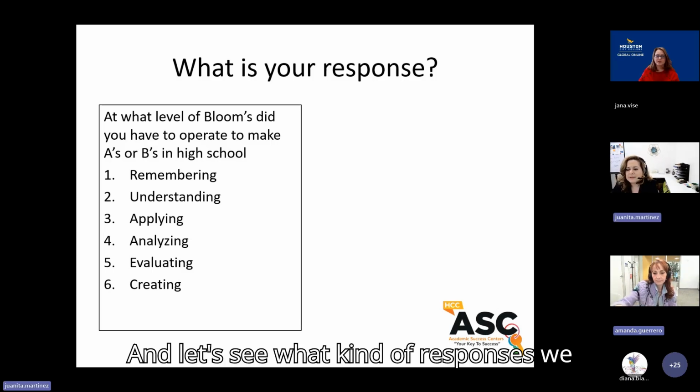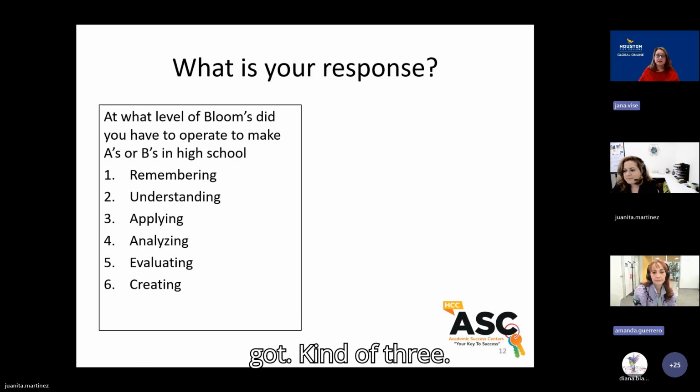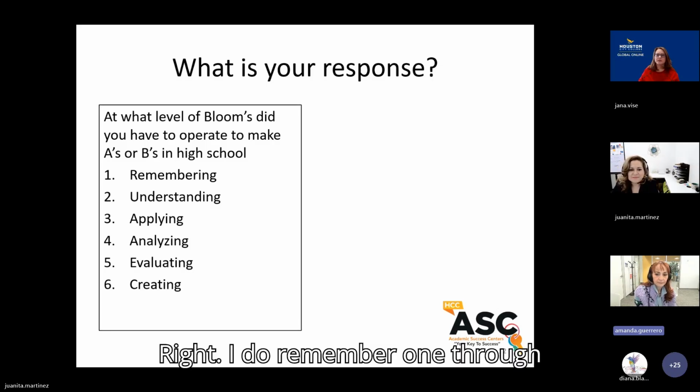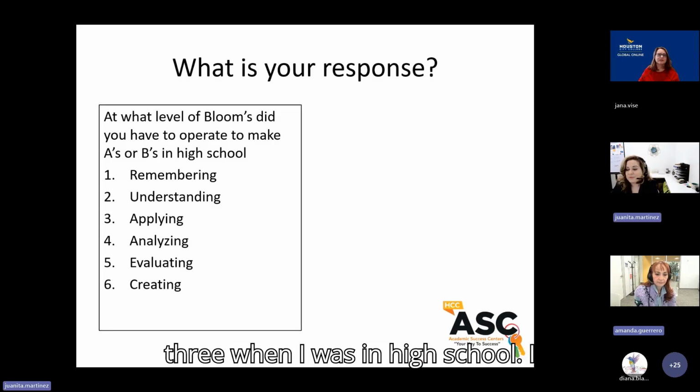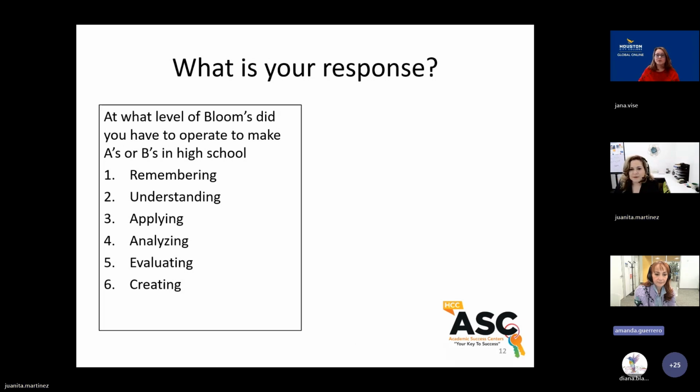And let's see what kind of responses we got. At a 3. Lots of 3s, 2 to 3. Right. I do remember 1 through 3 when I was in high school. I applied all of those. Somebody said 4, 2.